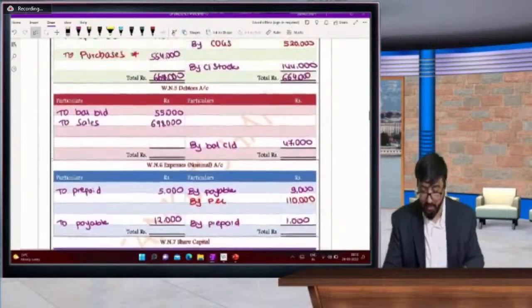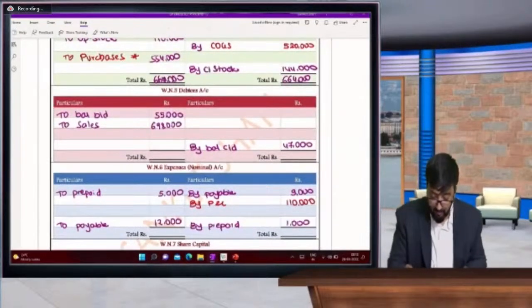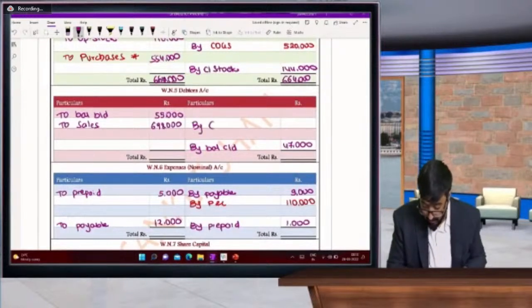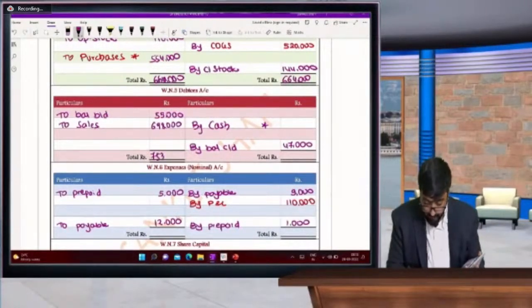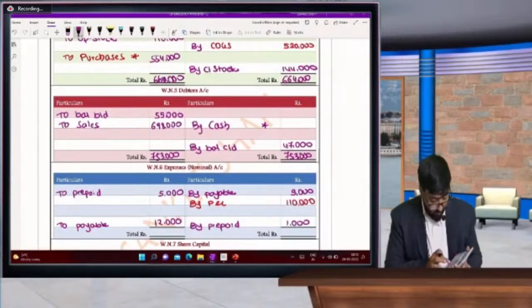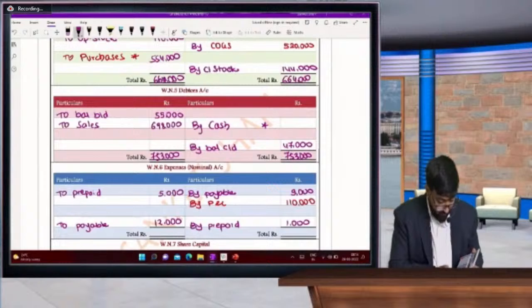Okay. Debtors. Now debtors balancing figure. Debtors by cash. It's a balancing figure: 55 plus 698. I'm getting the difference 7,53,000 minus 47, 7,06,000.